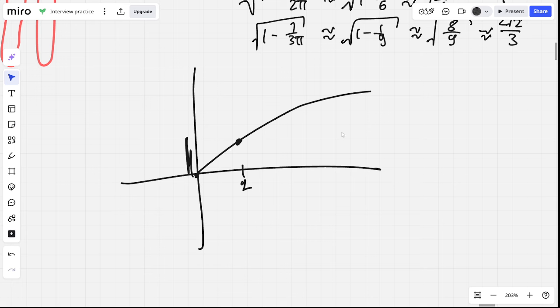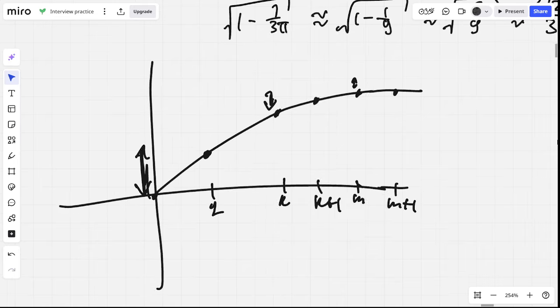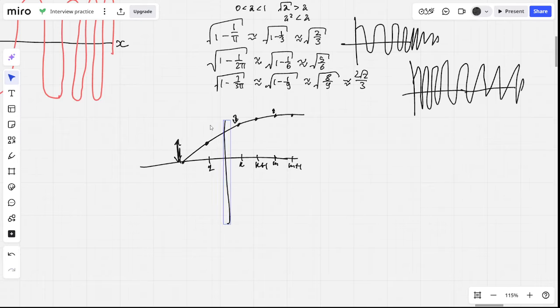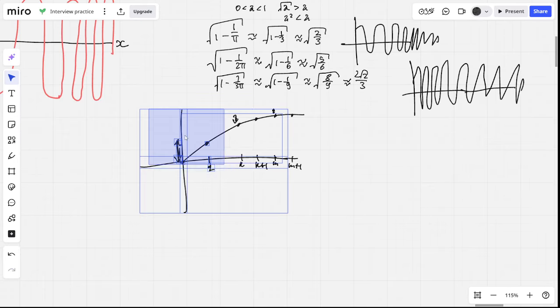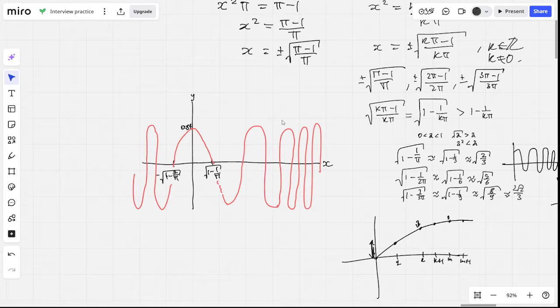But if I take, let's say, k and then k plus 1, these two being my points, there is a smaller change in value, being this one as compared to this one. And if I take some other point and that plus 1, you can clearly see that the spacing of the arrow becomes smaller and smaller as the graph continues to infinity. That's going to be my argument to justify why the roots are getting closer and closer.